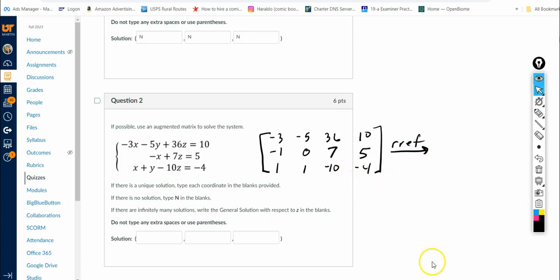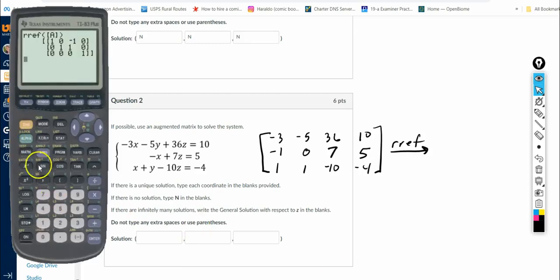So let me get my calculator. And again, we're going to get back into the matrix menu, go over to the editor. Again, I have a 3 by 4. And now I'm going to put these entries in.